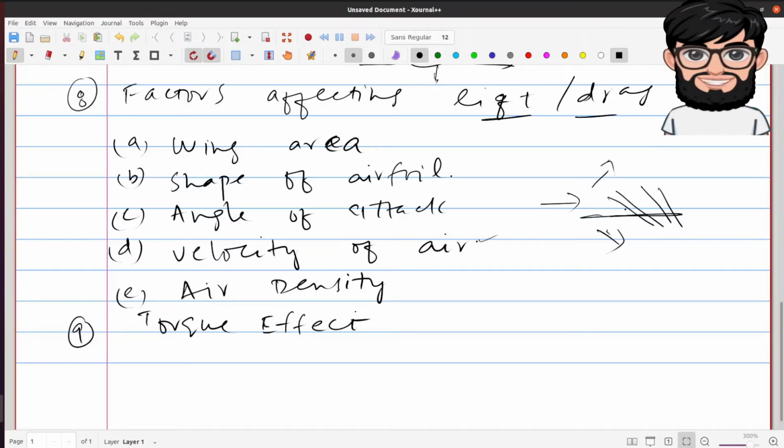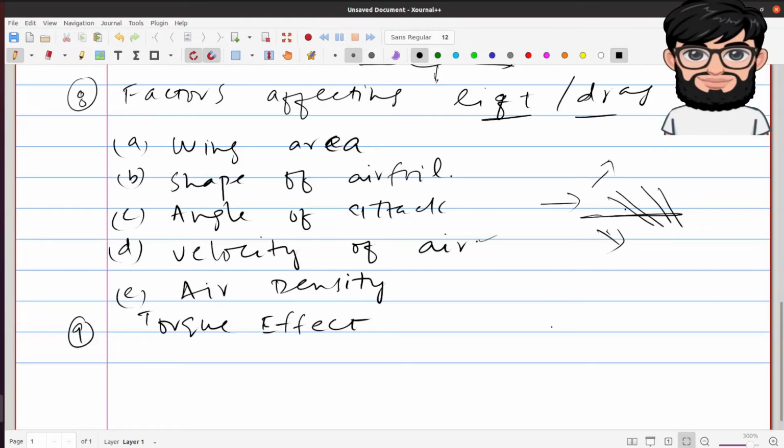Applied to the airplane, this means that as the internal engine parts and the propeller are revolving in one direction, an equal force is trying to rotate the airplane in the opposite direction. It is greatest at low airspeeds with high power setting and high angle of attack.